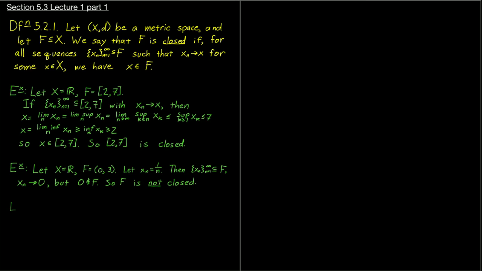Now let's have an example not in the real numbers. Let X be the rational numbers instead, and let F be this interval. We'll take the half open interval in the real numbers from 0 up to the square root of 2.